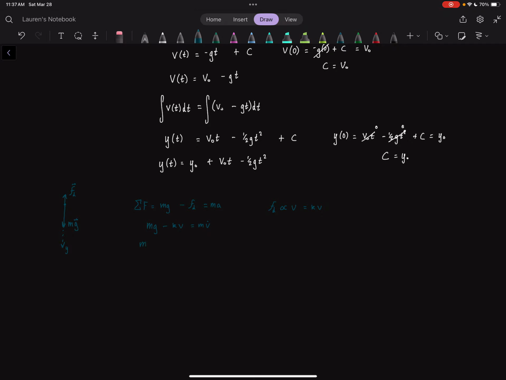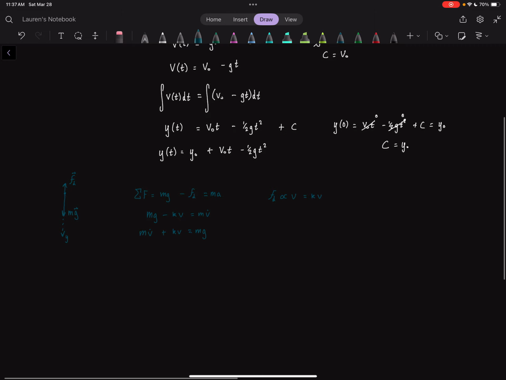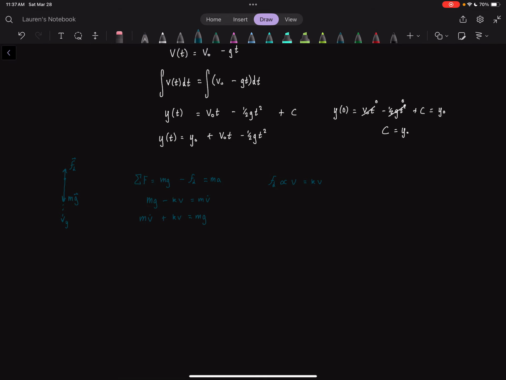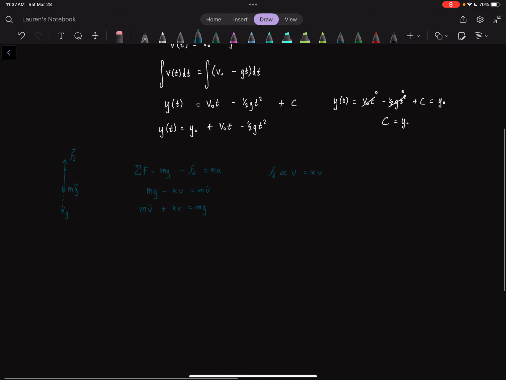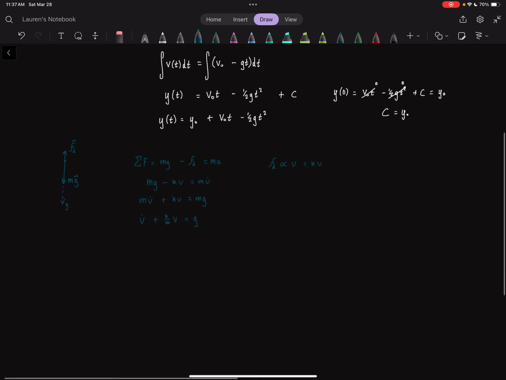I'm going to do m v dot plus k v is equal to mg. And we want the v dot coefficient to be 1. So we're going to divide through the equation by m. So we get v dot plus k over m times v equal to just g. So this is in standard form. This is a first order linear differential equation, and we can solve this via direct integration.